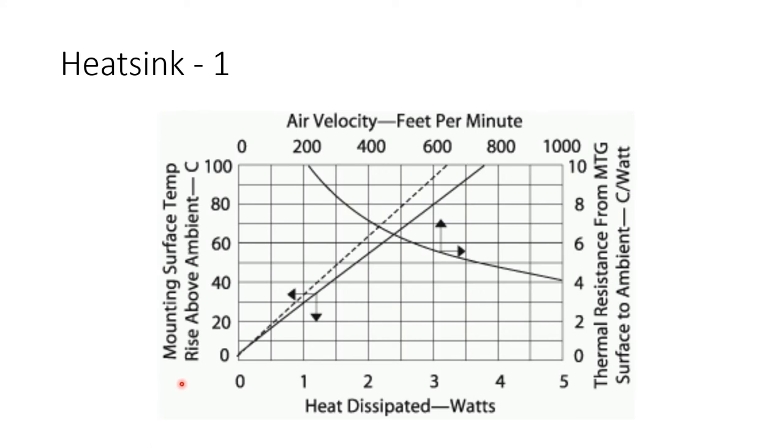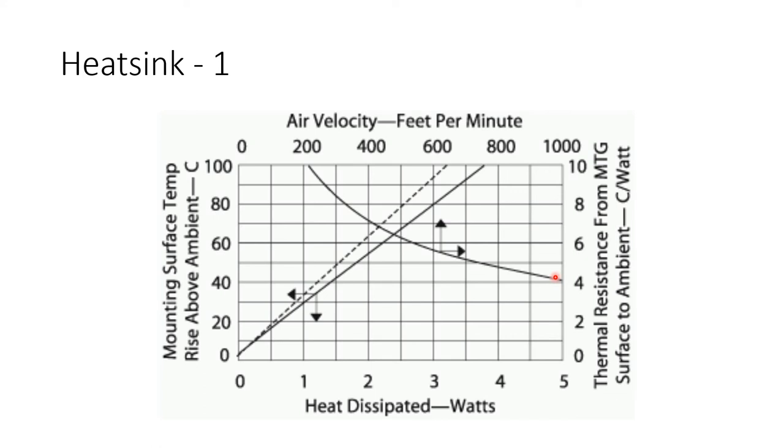The first is the temperature rise versus power dissipated, and the second is the thermal resistance versus air velocity. These 2 graphs are put onto one graph paper. The line which has a rising slope represents the temperature rise versus power dissipated graph, and this line represents the air velocity versus thermal resistance graph.